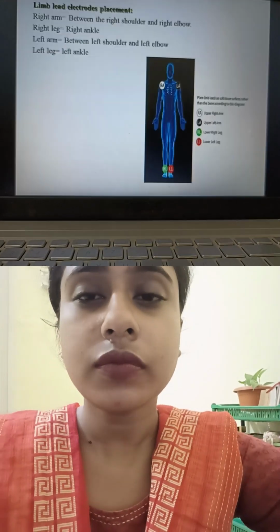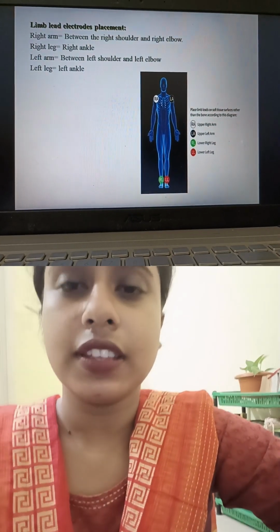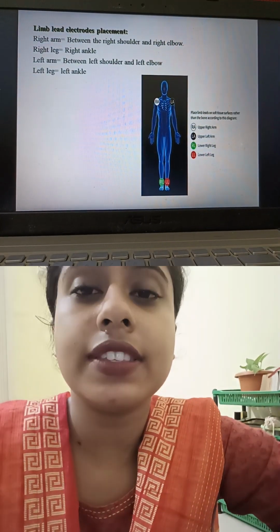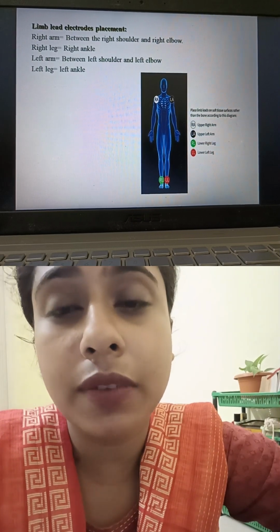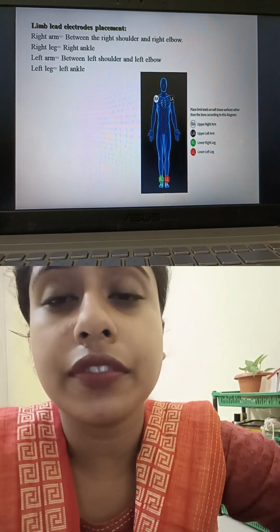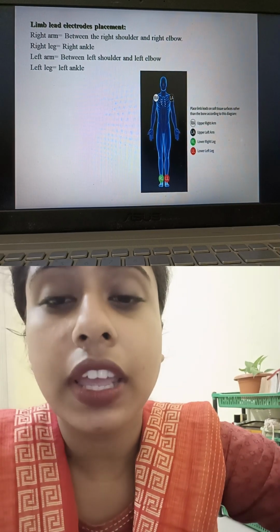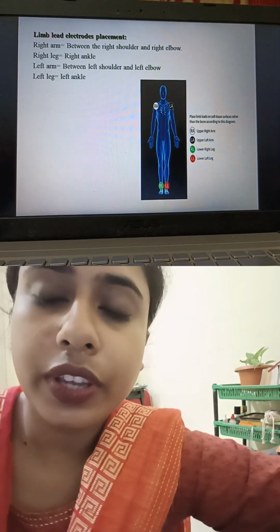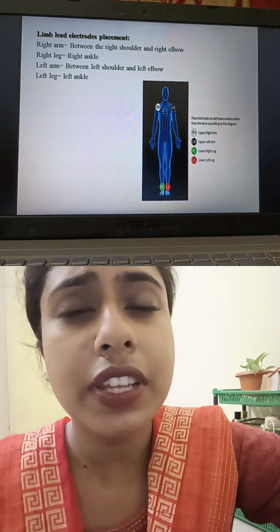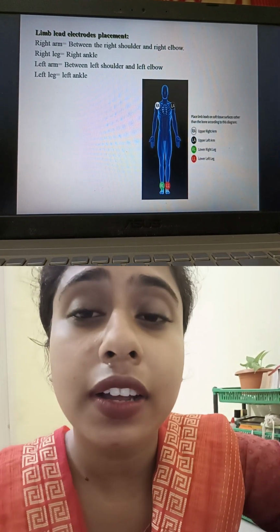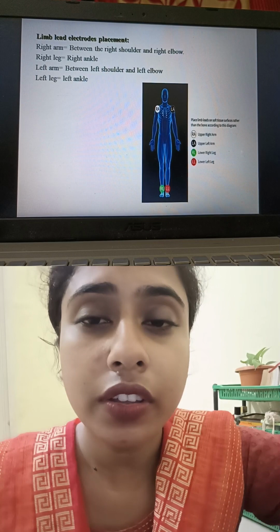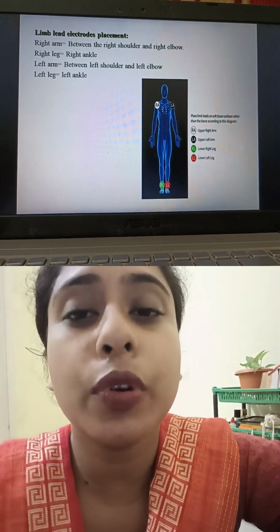In limb leads we have 4 electrodes: one electrode will be placed over the left arm, left leg, right arm, and right leg. Limb lead electrodes should be placed over the soft tissue area, not the bony area.